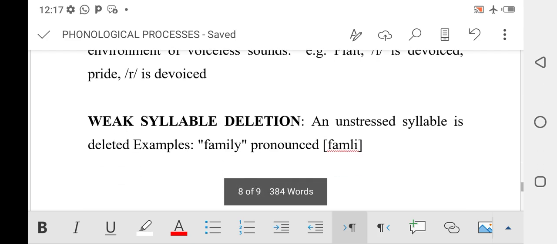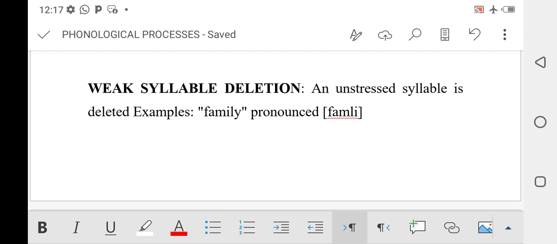All right, now we look at weak syllable deletion. In weak syllable deletion, we remember when we were talking about stressed syllable, and that the vowel that occurs in a stressed syllable is a stressed vowel. Now, weak syllable deletion usually happens with an unstressed syllable.